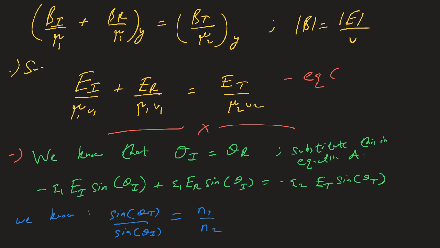So to summarize, then we can rewrite this equation as negative epsilon 1 EI plus epsilon 1 ER is equal to minus epsilon 2 n1 over n2 times E transmitted.